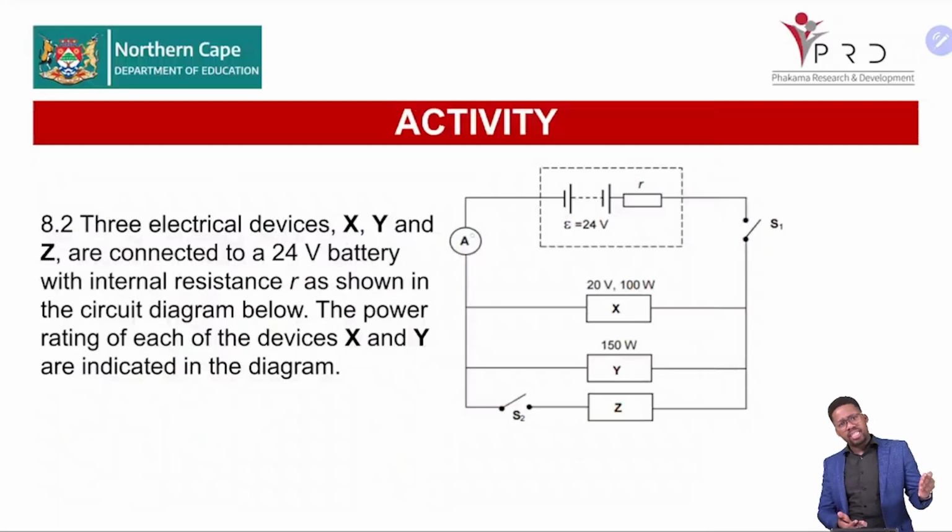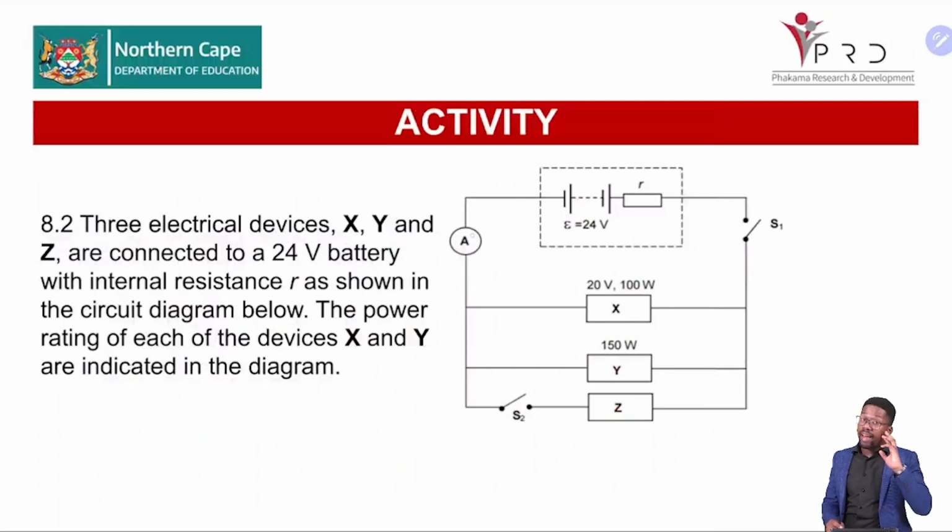If you are given the internal resistance, you will be required to calculate the EMF. If you have both EMF and internal resistance, the question will say calculate the total current. So as you read this question, that's what must come to your mind.